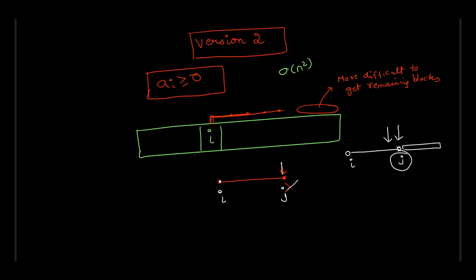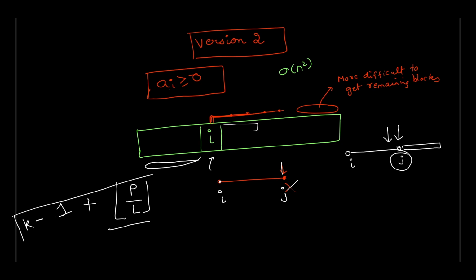This is also very simple, because you know the elements on the left hand side, which is nothing but P by L that we had discussed, which is the number of blocks that the left hand side has contributed, plus 1, the number of blocks contributed by this middle segment that you are creating, and the remaining blocks are k minus this, right? So you have to construct these remaining blocks from the right hand side elements. If you end your pointer at j, then how many elements are there on the right hand side?